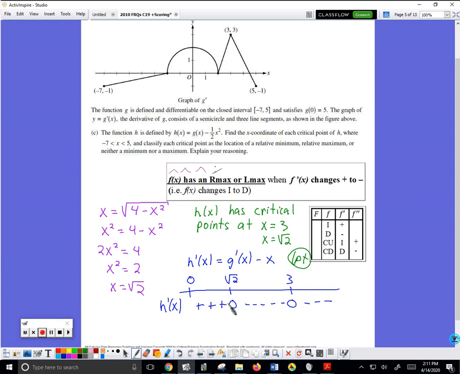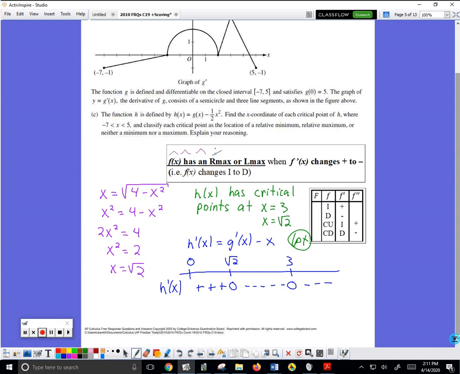Now I can write down my answer. Finally, I say h prime changes positive to negative at x equal root 2.